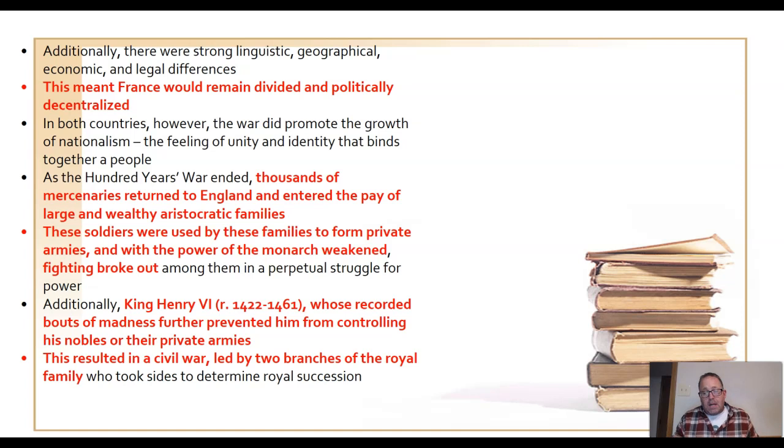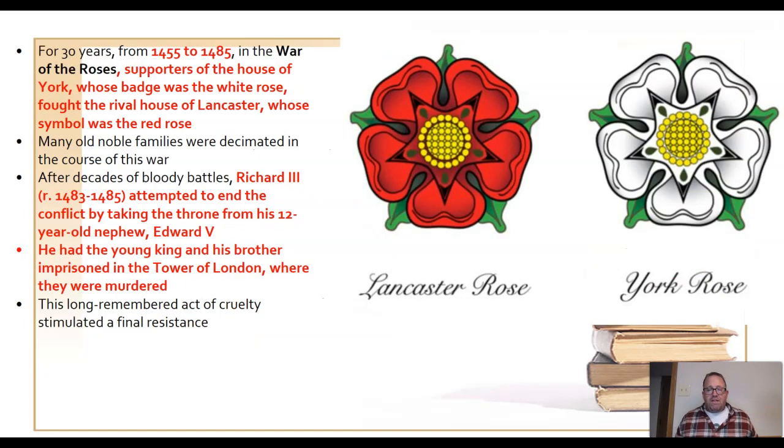But nobody knows who should take power, so a quarrel erupts between two branches of the royal family. One is known as the Lancasters, and the other side of the family is known as the Yorks. And so a civil war breaks out in England as a result of the 100 Years' War, called the War of the Roses.